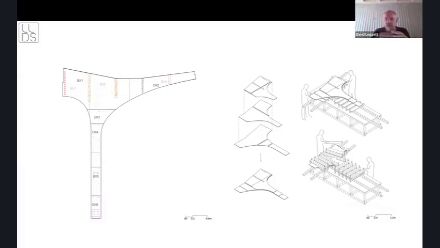And so you could imagine, each layer of ply had to be laminated together. So we're there spreading a structural polyurethane glue, which has a working time of about 30 minutes before it starts to cure.